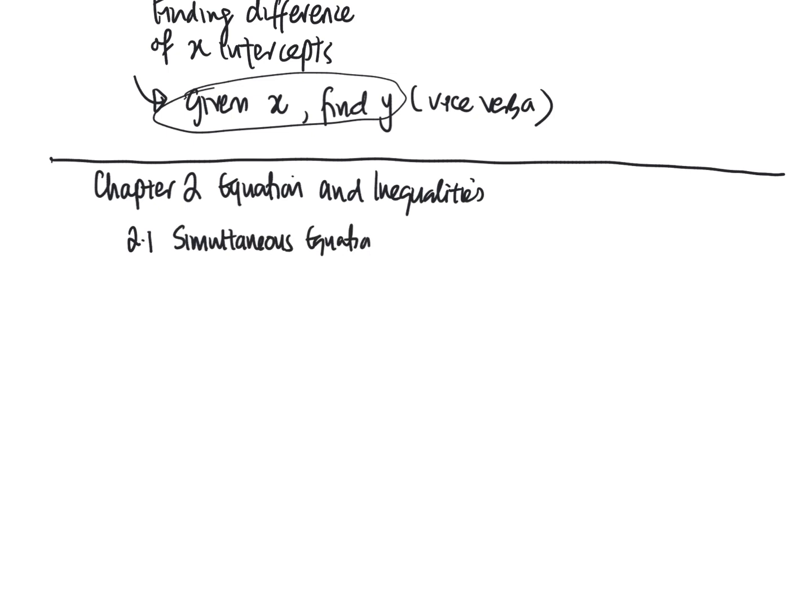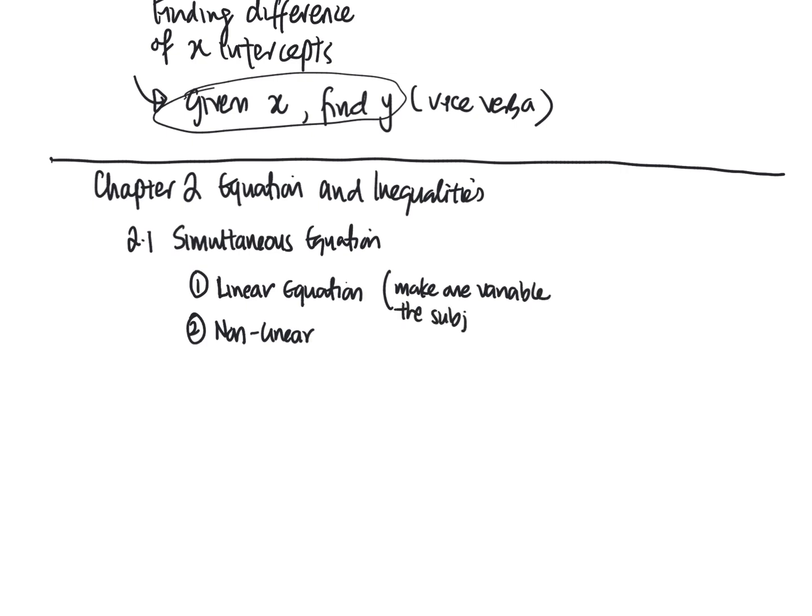Okay, remember simultaneous equation, there is always one equation that is linear and one equation that is non-linear. So for the linear equation, you always make one variable the subject of formula first. Okay, and then always sub the linear one into the non-linear to solve for an unknown.